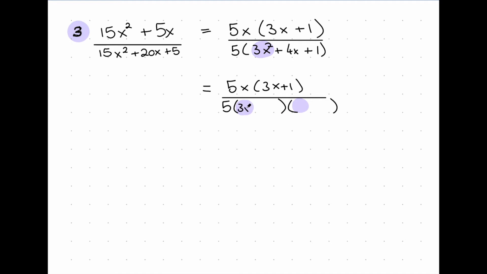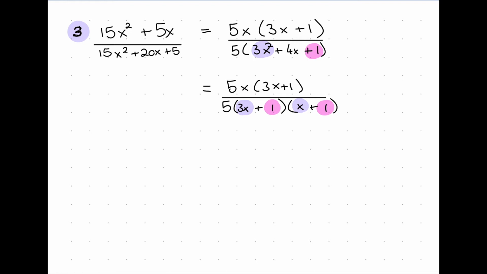We like to have an x at the start of each of our brackets, so I have 3x and x. After that, then we are going to look at the factors of plus 1, and the factors of plus 1, nice and easy, are just 1 by 1 or minus 1 by minus 1. But because this is a plus here and a plus here, it must be both positive. That there is the quadratic factorized.